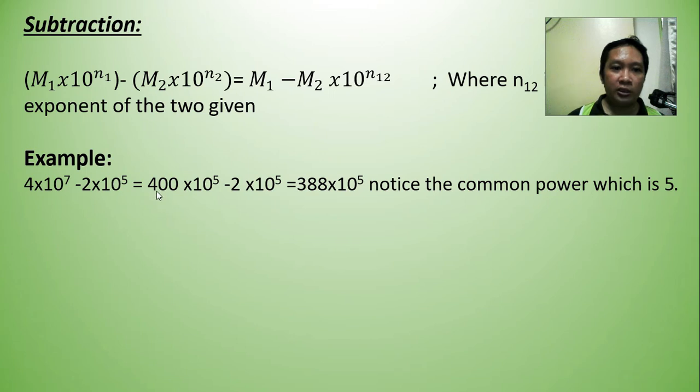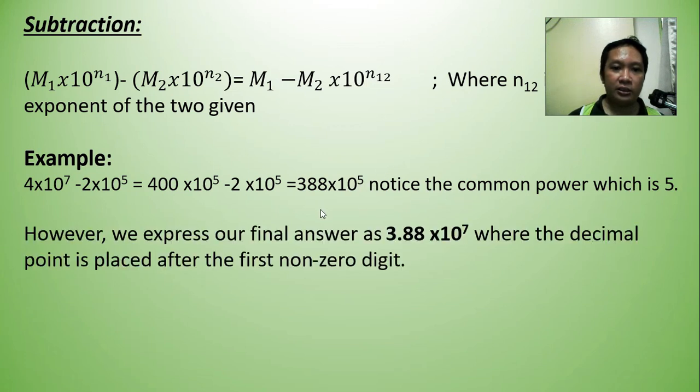So to do that, we need to express this 4 to become 400 so that it will be raised to a power 5 to have a uniform n. So by this time, if we have 400 minus 2, this will give us 398 times 10 to the power of 5. Notice that the common power is 5 in this case.